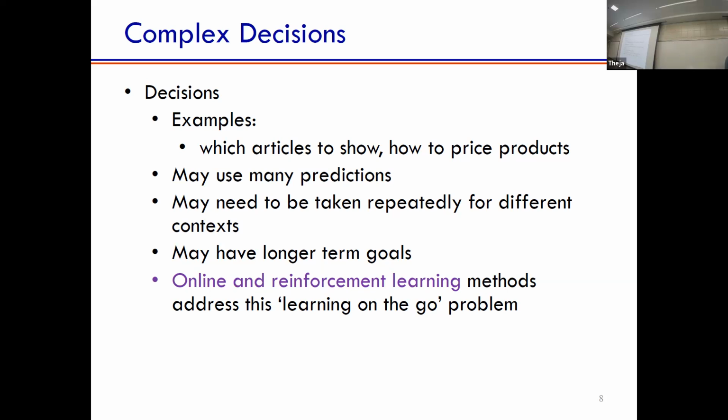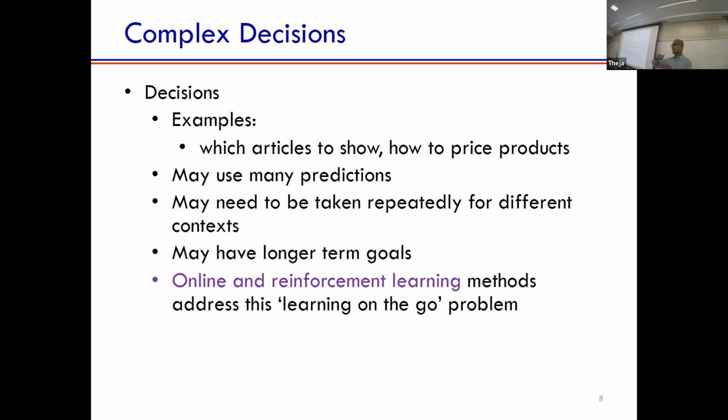But there are situations where you need to take decisions repeatedly, again and again. Sometimes the decisions have long-term goals, where your decision impacts the state of the world in the future, and so you should be careful about making a decision, not just think of the immediate revenue. For example, let's say you price your products too low and you take a loss.